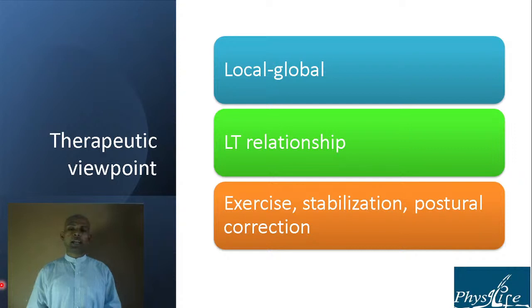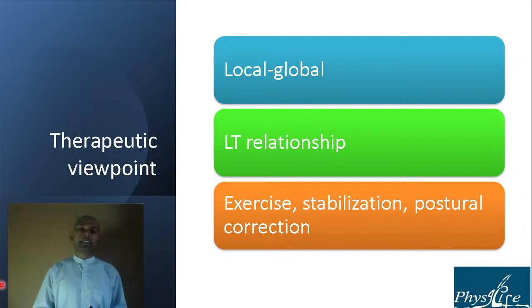Also, you'll have to look at the length tension relationship. In the first session we talked about what Leon Chaitow says. Chaitow says trigger points, and we can infer any dysfunction of the body, come from a root cause, maybe poor ergonomics, maybe muscle weakness, maybe mechanical structures are not in alignment. Find the root cause, treat it.